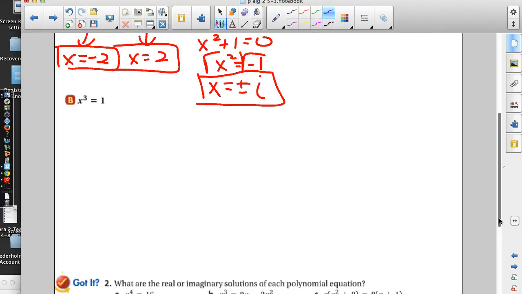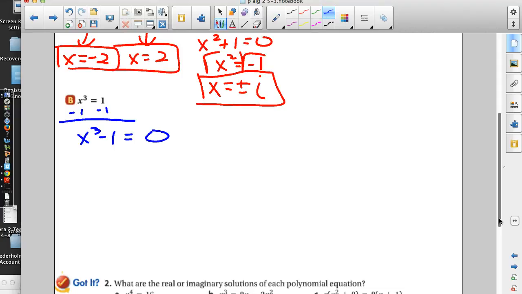So let's move the 1 over. Greatest common factor? No. Power something or other? Yes. This is a difference of two cubes.